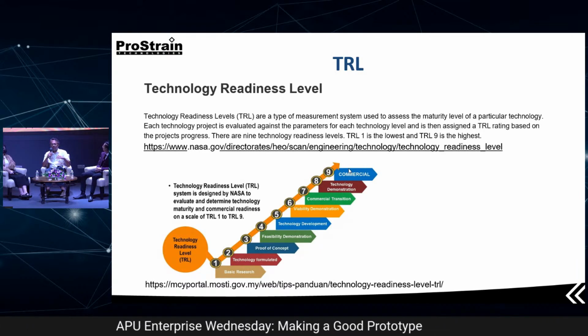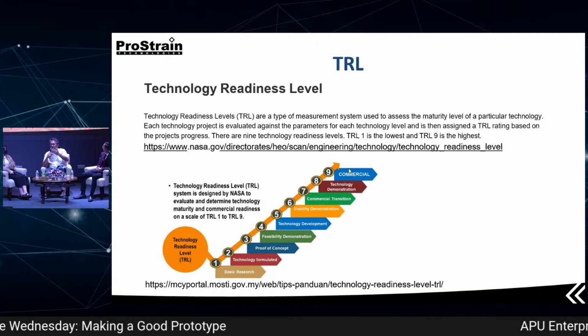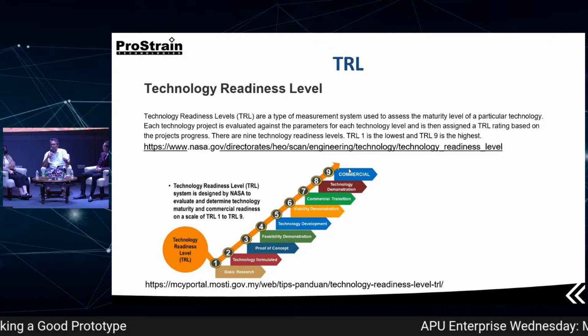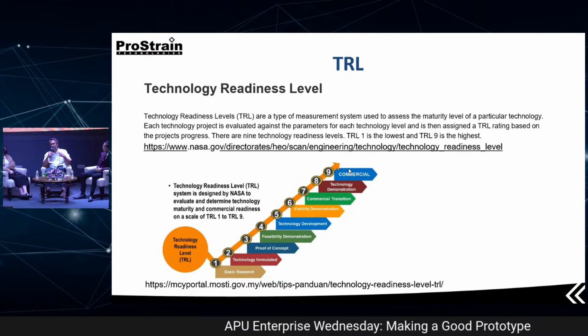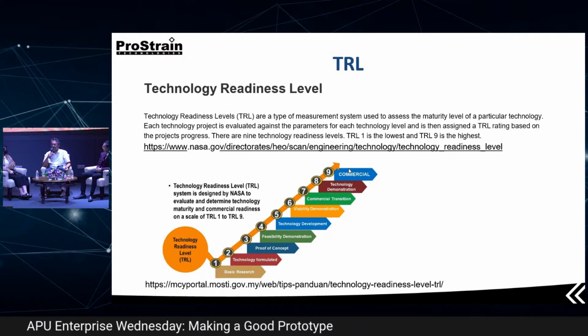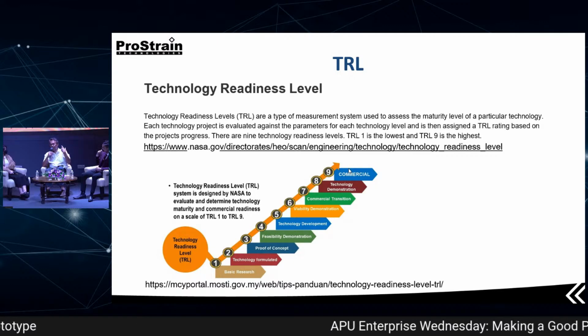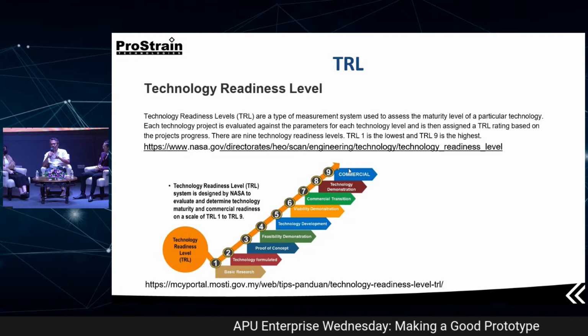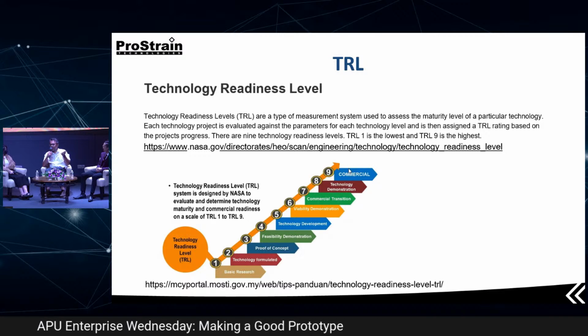Whenever you go to 8 and 9, the definition sometimes differs. 8 means it's already sellable. Sometimes people say 9 means you have already sold for at least 5 years and it's matured. Just now I said prototype and product.